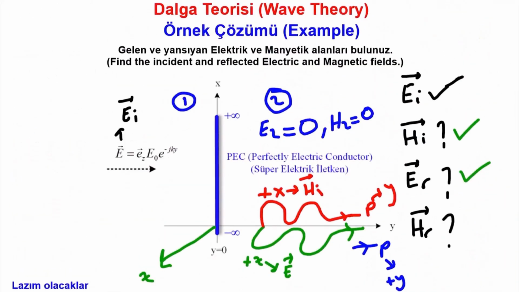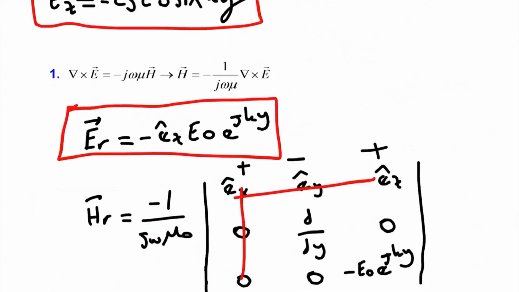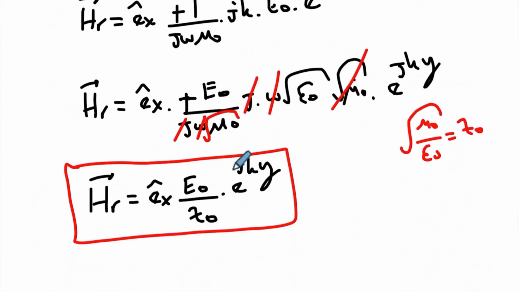Of course, the electric field is progressing in the direction it is moving, which was the positive y direction. Look, the incoming magnetic field was also progressing in that direction. Logically, since it will hit here and reflect, the magnetic field should turn in the negative y direction. When I check if it meets that condition, if you pay attention, the direction is in the negative y direction, you know? Yes, it came, reflected, and continued to progress in the negative direction without changing the polarization, friends, of the E0/Z0 amplitude.